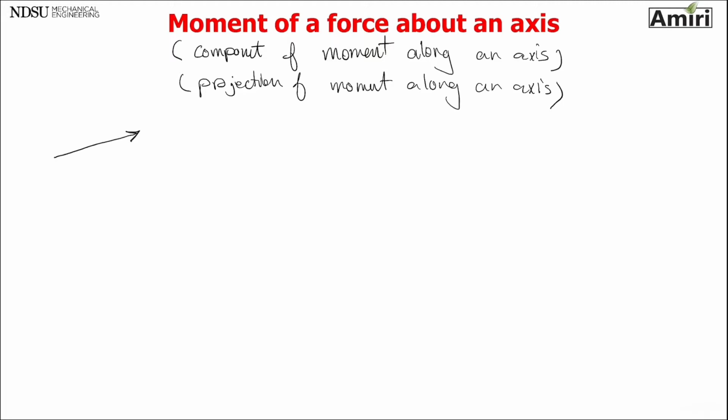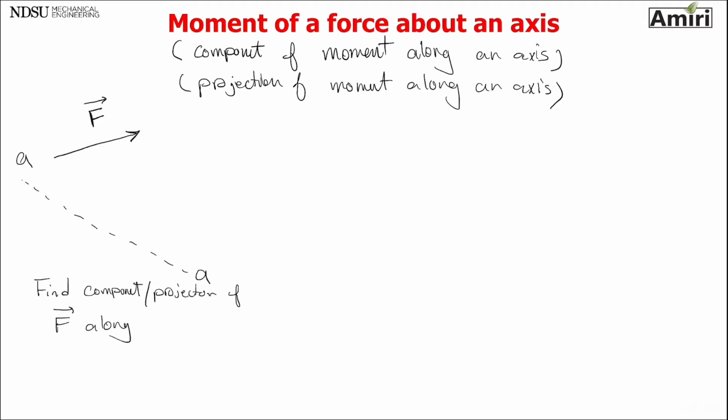I have force F, which is a vector, and I have line AA. I'm asking: find component, projection of F along line or axis, whatever you want to call it, AA. Do you remember that from chapter 2?